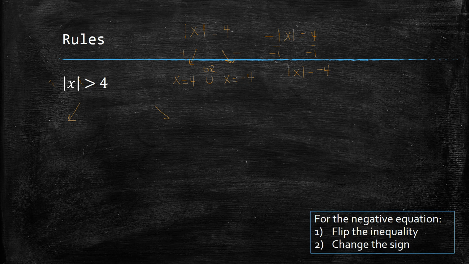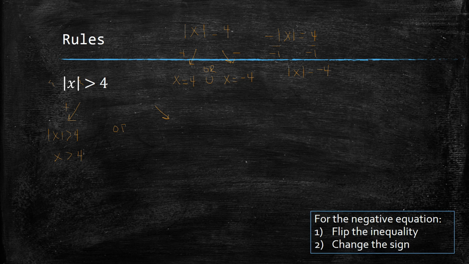And we can break it up into our two inequalities over here. The positive side is just what you have. So you have the absolute value of x is greater than 4, okay? Which you would just get rid of the absolute values to go ahead and evaluate it and end up with x is greater than 4.